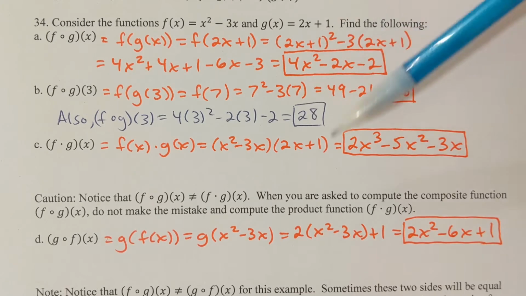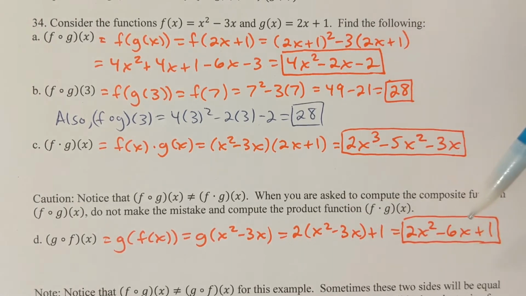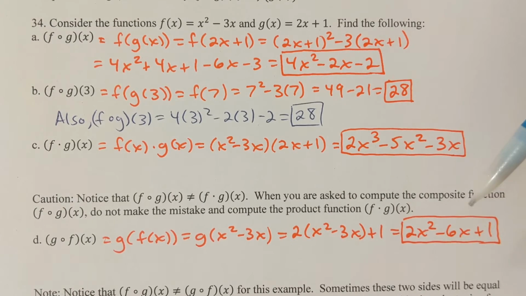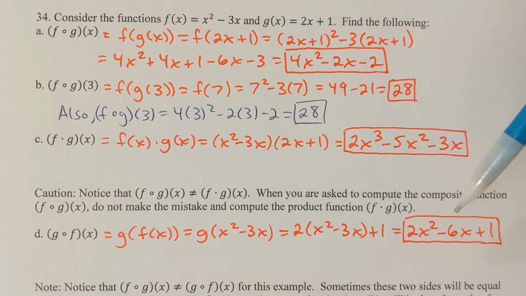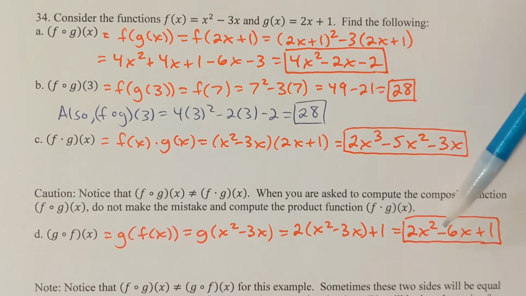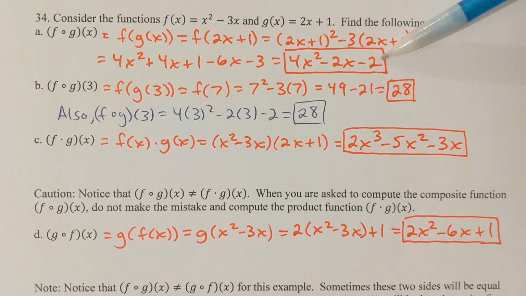Replace that with x squared minus 3x. And then simplify. You'll need to distribute 2. And we end up getting 2x squared minus 6x plus 1. Notice that these two results here are different. G composed F is not the same as F composed G.